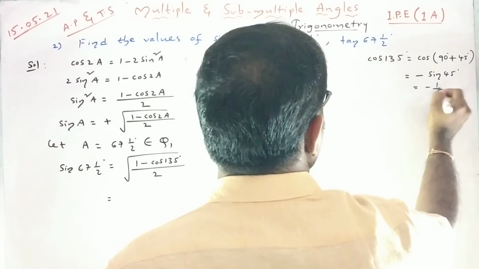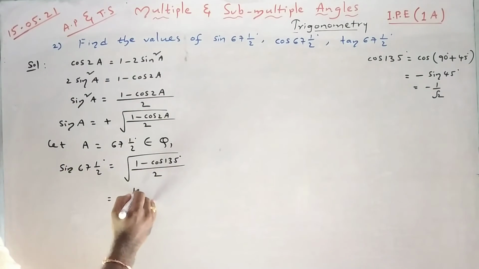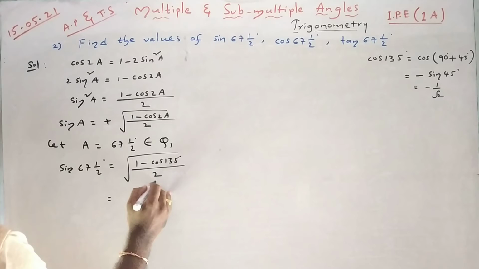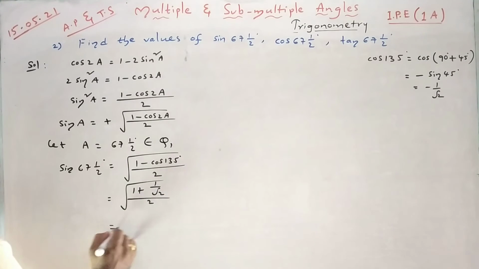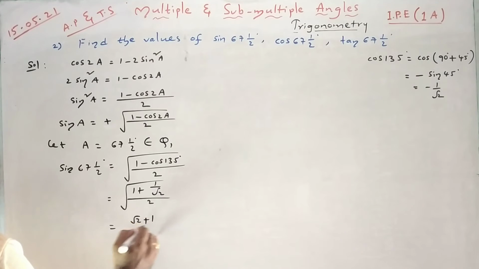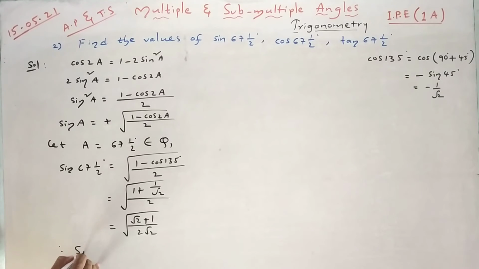So sin 45 how much? 1 by root 2. So we will get 1 minus 1 by root 2, that means plus 1 by root 2, by 2. Simplify this. Root 2 plus 1 by 2 root 2 under root. Therefore, sin 67 and a half degrees value is root 2 plus 1 by 2 root 2 under root.